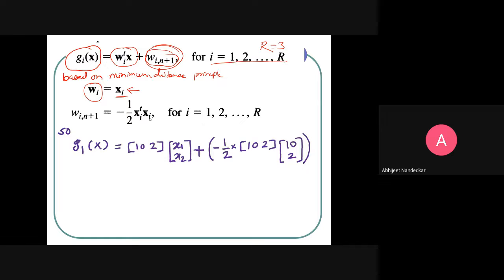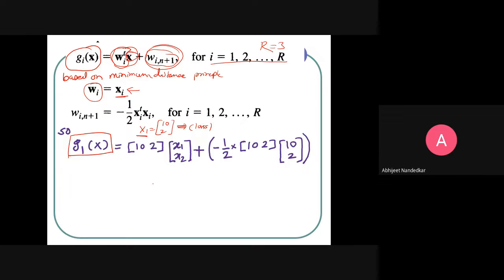Now I am designing G1(x). How is it designed? I take the prototype X1, which I know is (10, -2), given in this problem. It belongs to class 1. Since I am designing G1(x), I will take the prototype which belongs to class 1. So this (10, -2) is W1 transpose x.